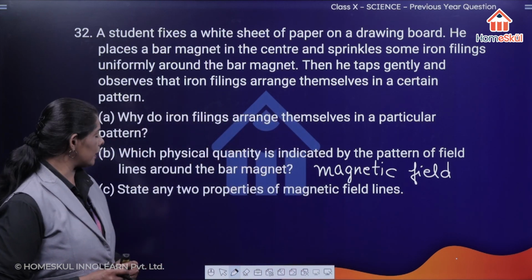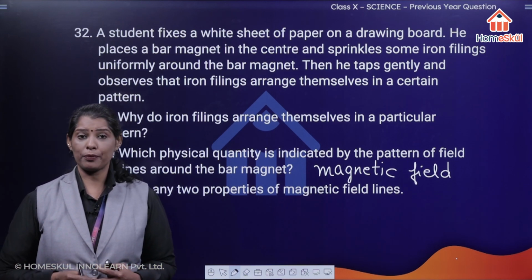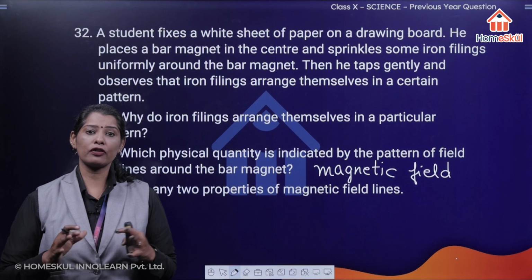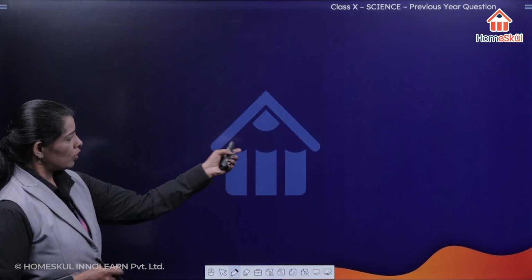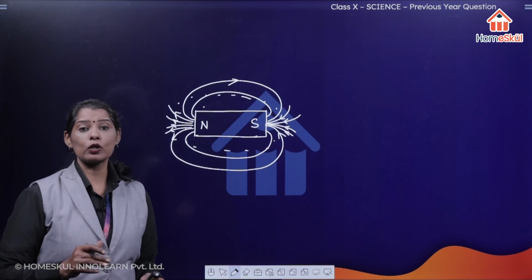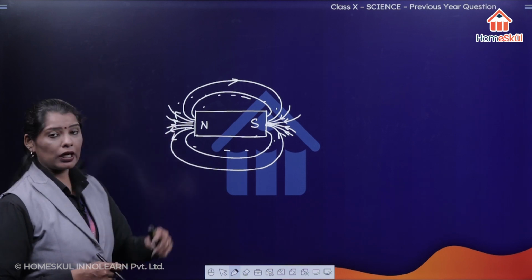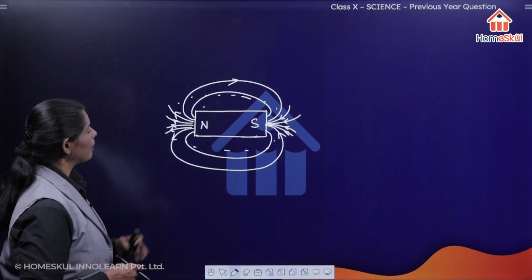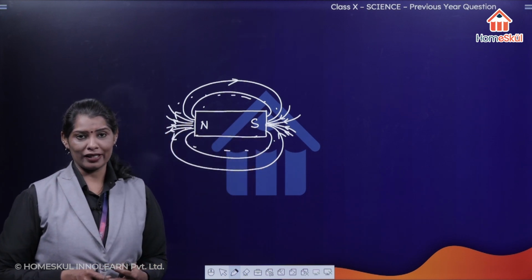Coming to the last part, that is state any two properties of magnetic field lines. Okay, we have learned so many properties of magnetic field lines. Out of that, we have to mention any two. So, we already said according to this concept, that is the magnetic field lines arrange themselves in closed curves or concentric circles, right? Then, what about the concentration? The concentration of the magnetic field lines will be maximum at the poles of the magnet.